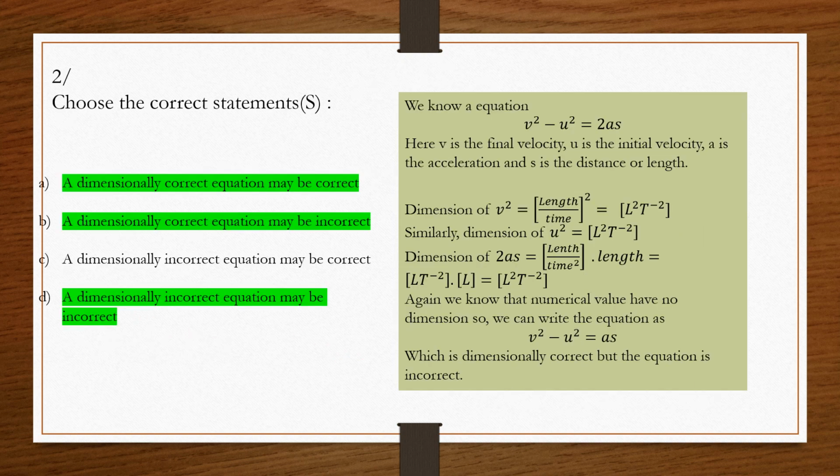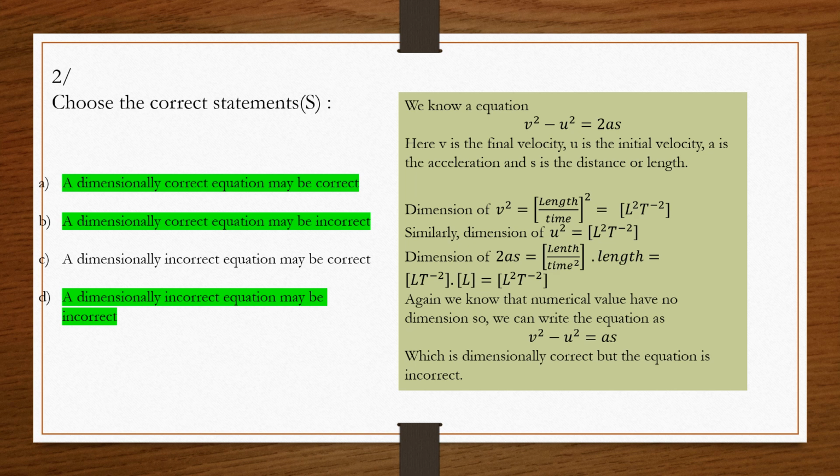Then question 2 says choose the correct statement, and here is our first option: a dimensionally correct equation may be correct. Second is a dimensionally correct equation may be incorrect. Third, a dimensionally incorrect equation may be correct, and option D is a dimensionally incorrect equation may be incorrect.